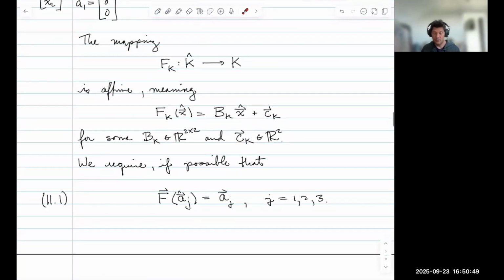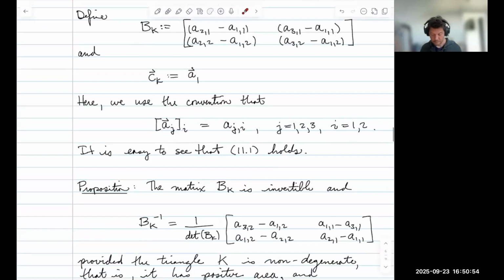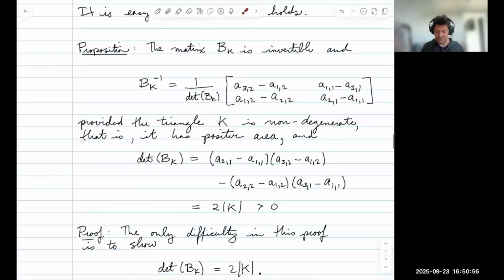That's what tells you how to pick the elements of the BK transformation. As long as the triangle into which I'm mapping is not degenerate, this determinant is non-zero, and that's how we know that a 2 by 2 matrix, or any matrix actually, is invertible. So as long as K is non-degenerate, my determinant is not equal to 0.